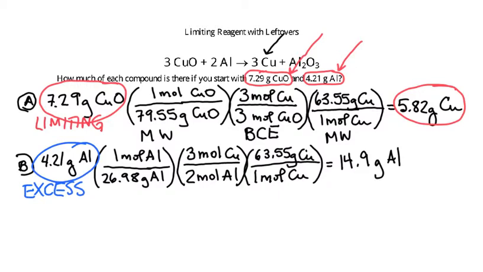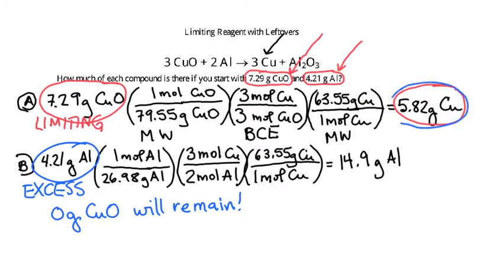So we know that the copper 2 oxide is limiting. That means that 0 grams of copper 2 oxide will remain. All of it will be used up. We then also know that the most amount of copper we can form is 5.82 grams.